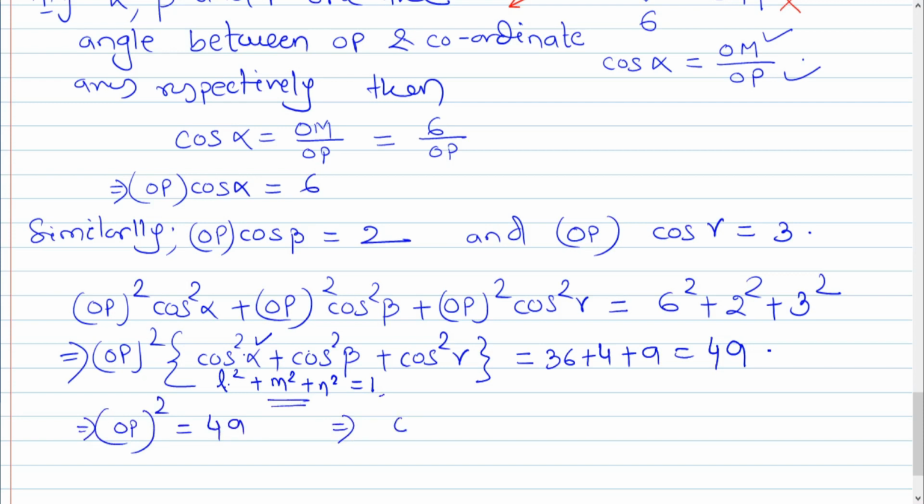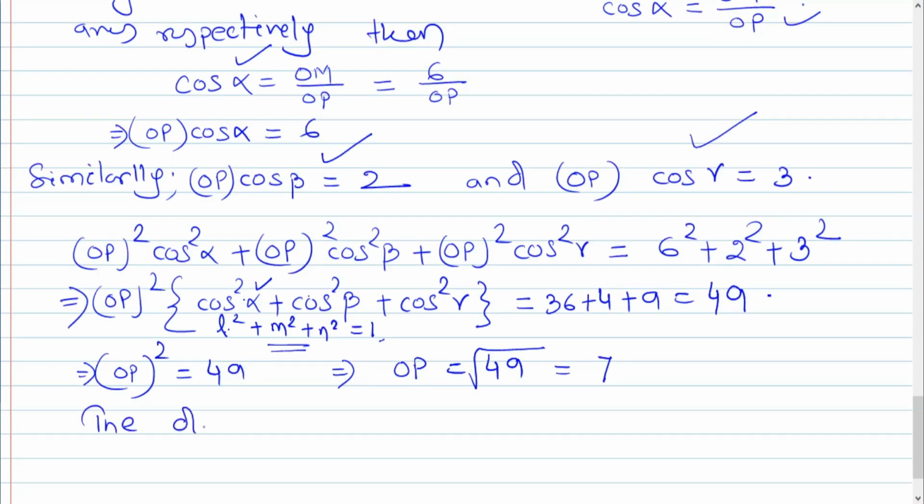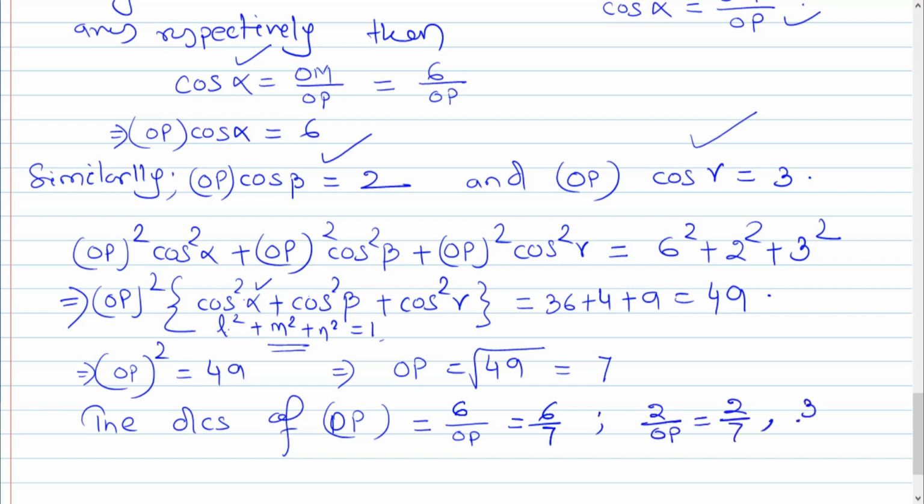That implies OP is root over 49, that is equal to 7. Then the DCs of OP, cos alpha, cos beta, cos gamma, are 6 by OP, that is 6 by 7, 2 by OP, that is 2 by 7, and 3 by OP, that is 3 by 7.